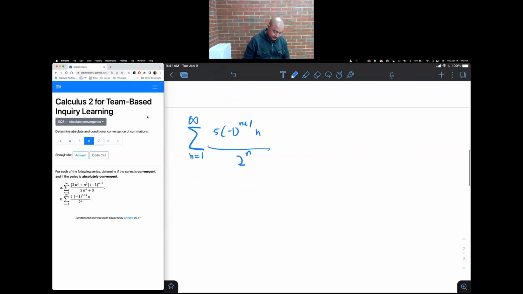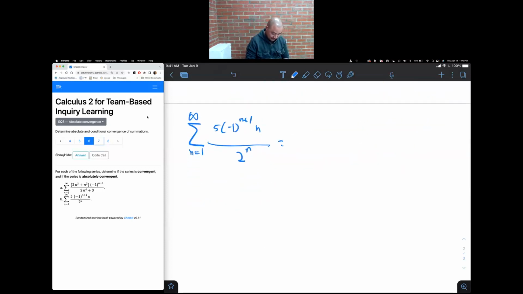And so for convergence, we once again note that this is alternating and that the remaining sequence, the terms 5n over 2 to the n, goes to 0.